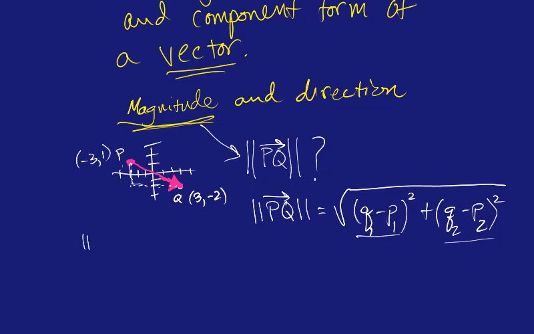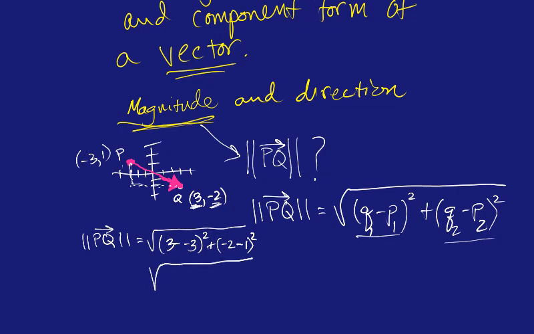So the magnitude of PQ is going to be the square root of, and we'll take the x value of Q, so 3 minus -3, squared, plus, and then we'll start with Q again, -2 minus 1, squared. So we've got the square root of 6 squared plus -3 squared.